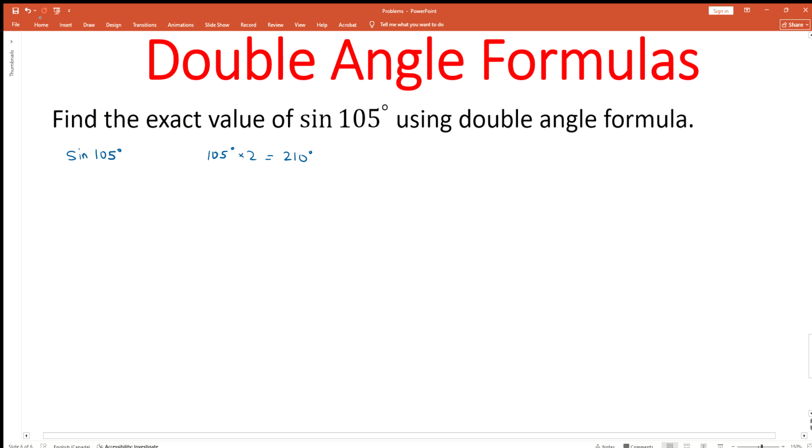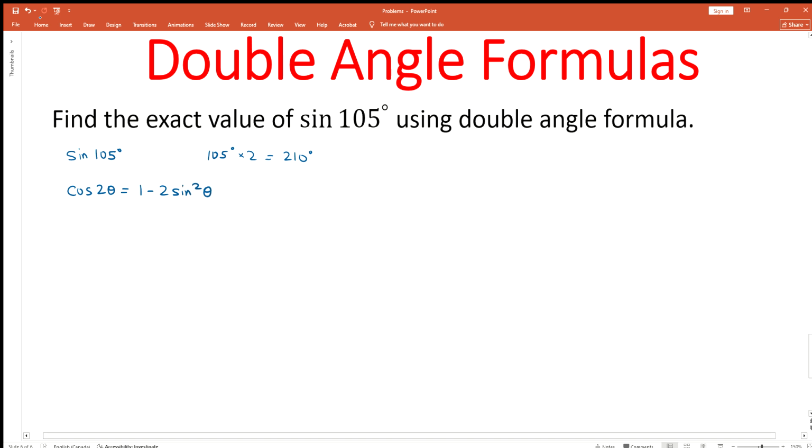So we can use this information to find the value of sine 105 degrees using a double angle formula or identity. We can use the double angle formula or identity for cosine because it has sine term in it. The formula or identity we can use is cosine 2 theta is equal to 1 minus 2 sine squared theta.